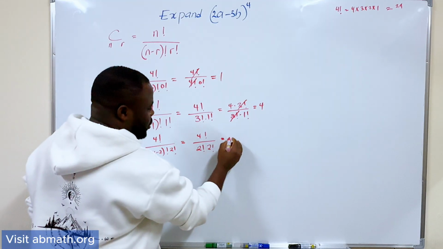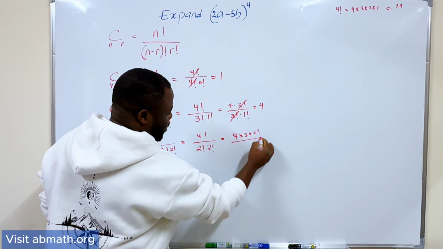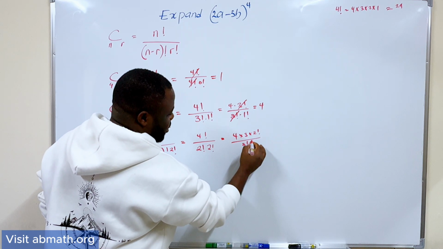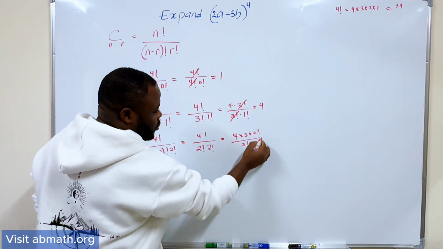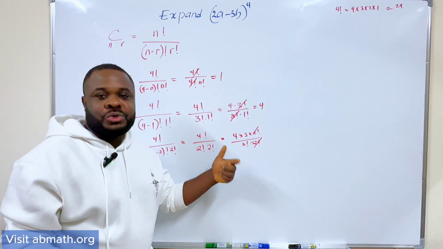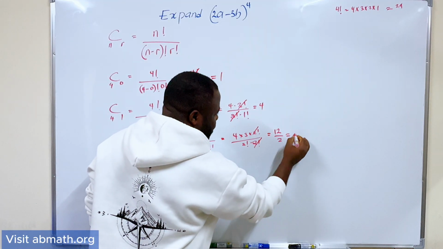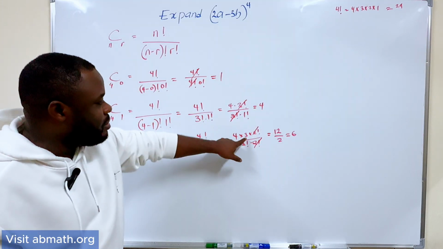We can write this as 4 multiplied by 3 multiplied by 2 factorial over 2 factorial multiplied by 2 factorial. So 2 factorial cancels 2 factorial, and you know 2 factorial is 2 times 1. So this will now be 12 over 2, which is 6, because 4 times 3 is 12.